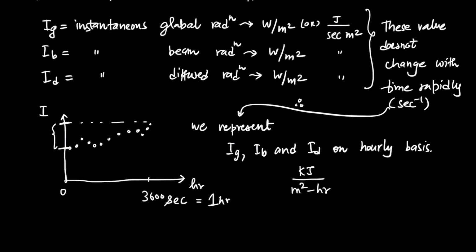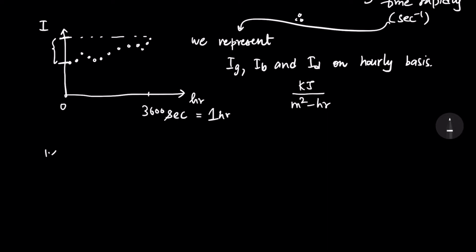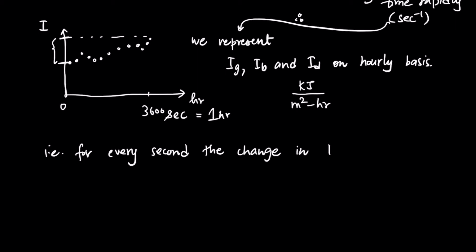So let me conclude this. For every second, the change in I is very small, as we can see from the graph. Let us suppose this is 1 second and this is 2 seconds, the change is very small.